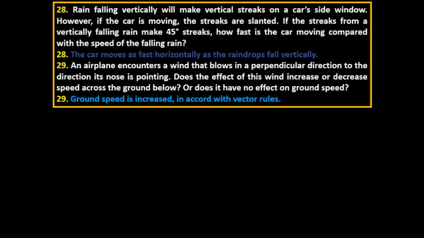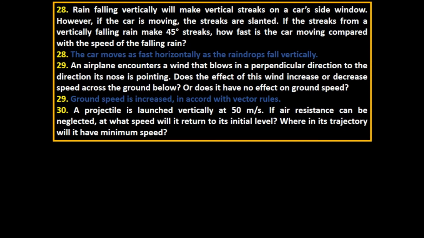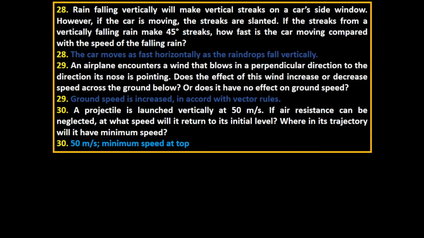Okay. 30. A projectile is launched vertically at 50 meters per second. If air resistance can be neglected, at what speed will it return to its initial level? Where in its trajectory will it have minimum speed? Well, first let's take the minimum speed. That's going to be at d max, and then with all else equal, it's going to come back at the same speed.